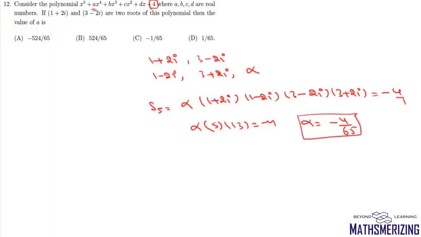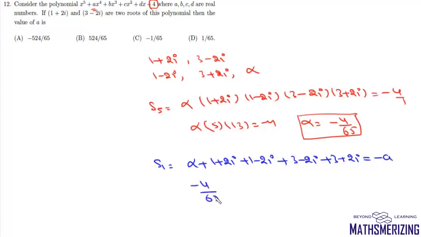Now we'll write S1, that is the sum of all the roots. S1 will be alpha plus 1 plus 2 iota plus 1 minus 2 iota, 3 minus 2 iota plus 3 plus 2 iota, and it will be equal to minus a. Now the value of alpha is minus 4 upon 65, and here 2 iota will cancel. So we'll get 6 and 2, 8.